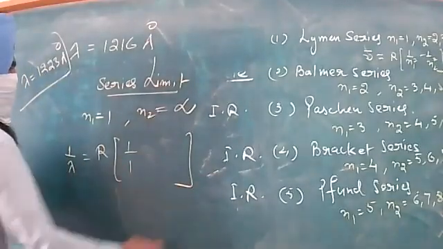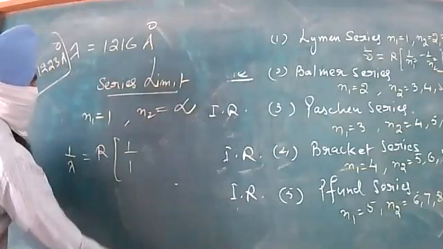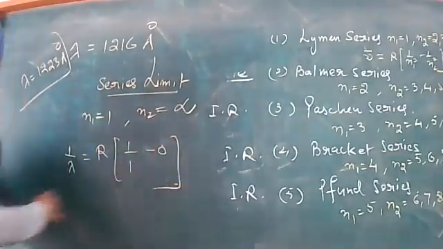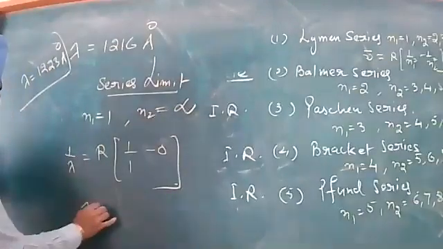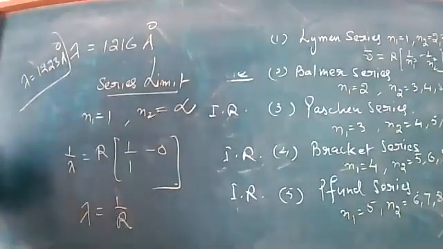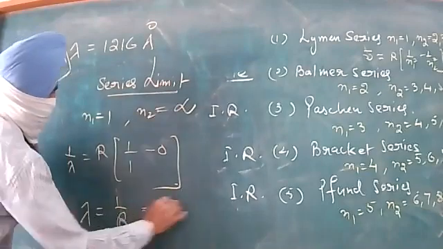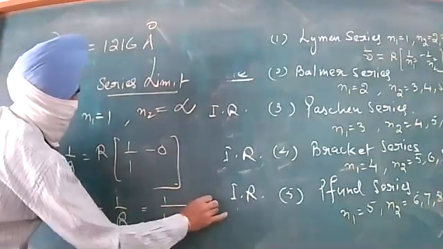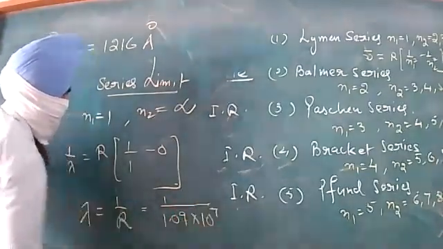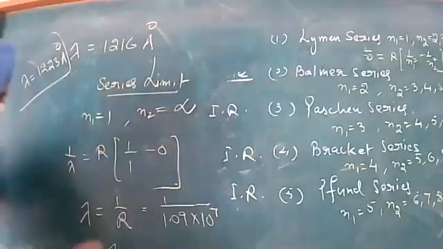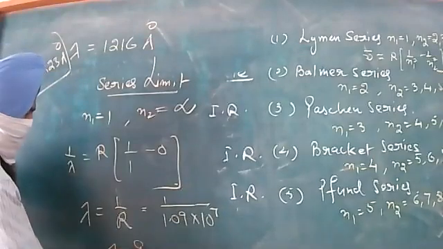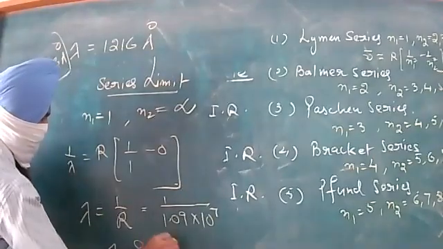Sorry, we should omit it. It is simply this way. Clear? And lambda is 1/R, or 1 upon 1.09 into 10⁻⁷. When we calculate it, your book says that it is 917 angstroms.